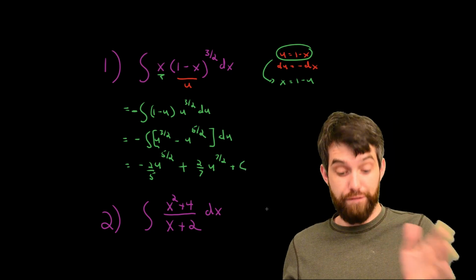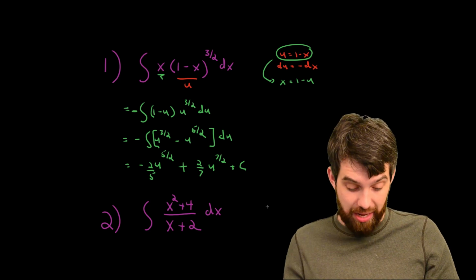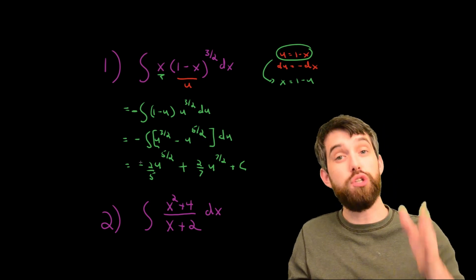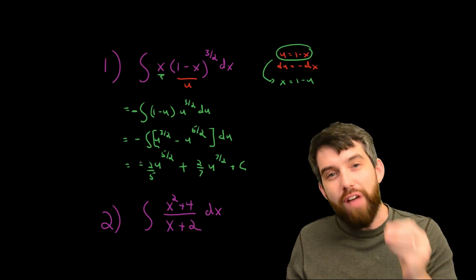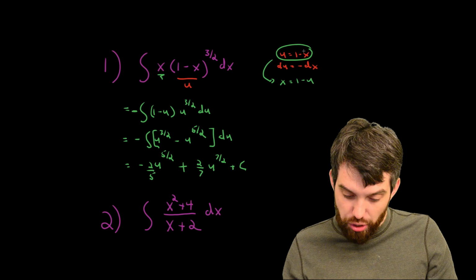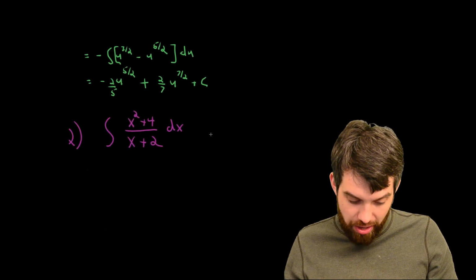Now, we're fairly close to being done, but there's one final line, one that is very important here, because the original integrand was in terms of x, and I've got this answer in terms of u. But we're going to agree that this is going to be satisfied if my final answer is back in terms of x. So that's what I want to do. I've got u is equal to 1 minus x. I'm going to put this in here, and what am I going to get?